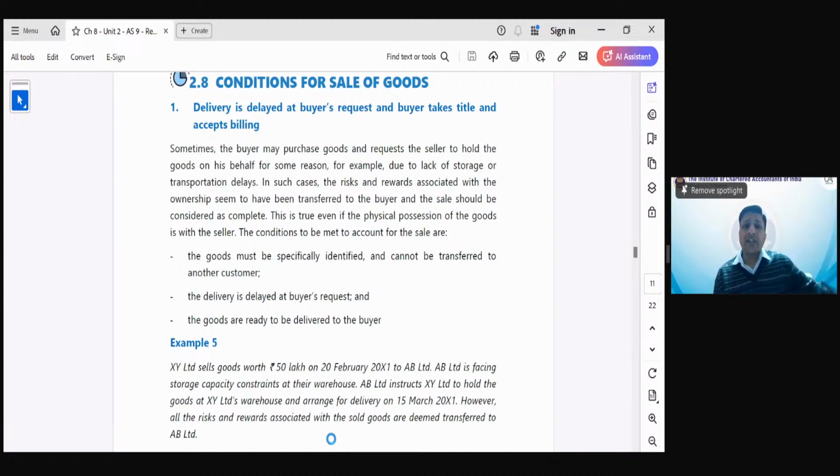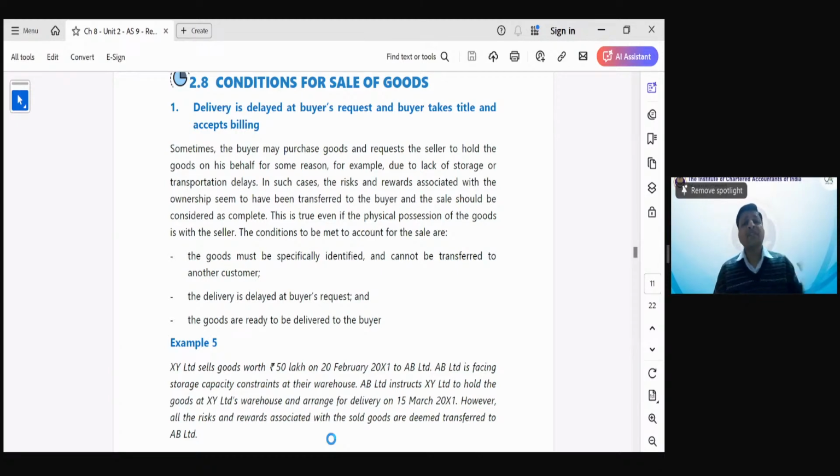So those 10 should be marked that these are the ones which belong to the buyer, and they should be clearly identified. They should be kept at a place which is separately identified. Those goods should not be mixed up with other goods.